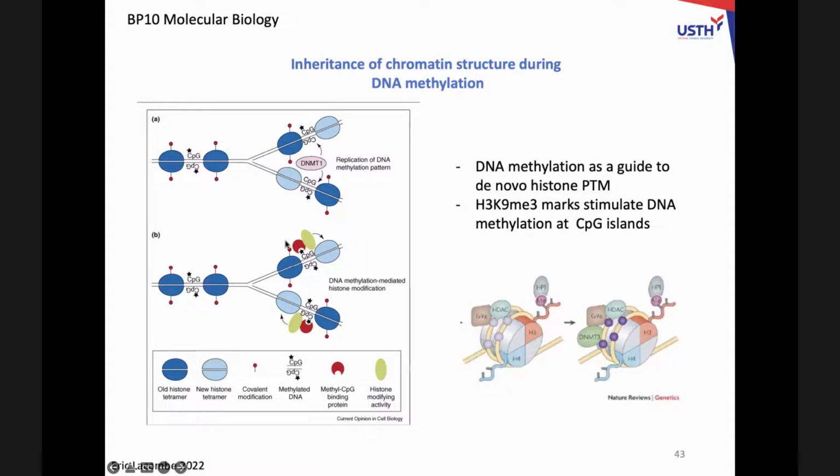So there are 2 steps here, 2 different concepts, and I'm going to explain them. These are the only 2 concepts that have to be remembered. The DNA methylation, so methylation of cytosine, serves as a guide to de novo histone post-translational modification. What does it mean?